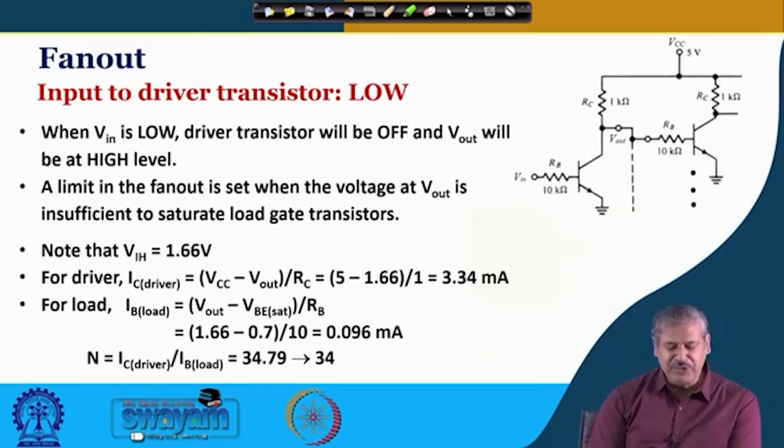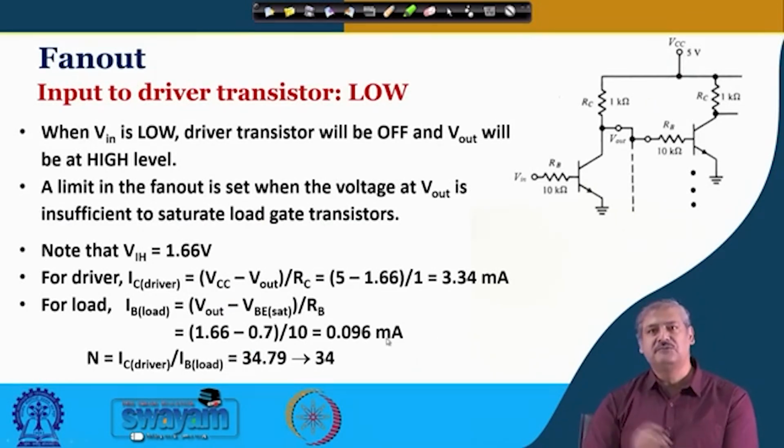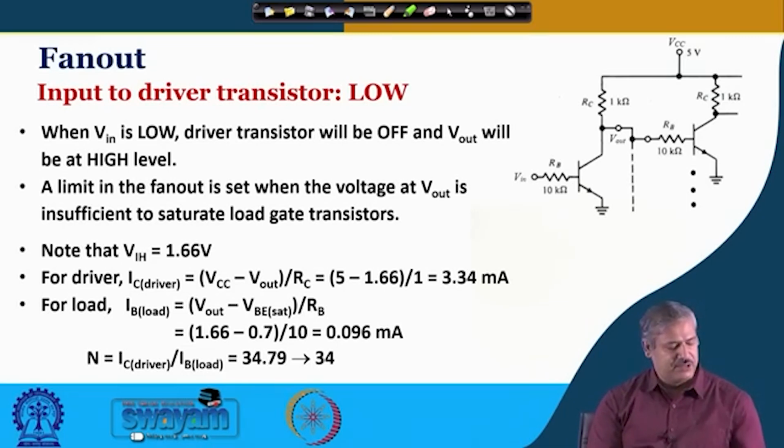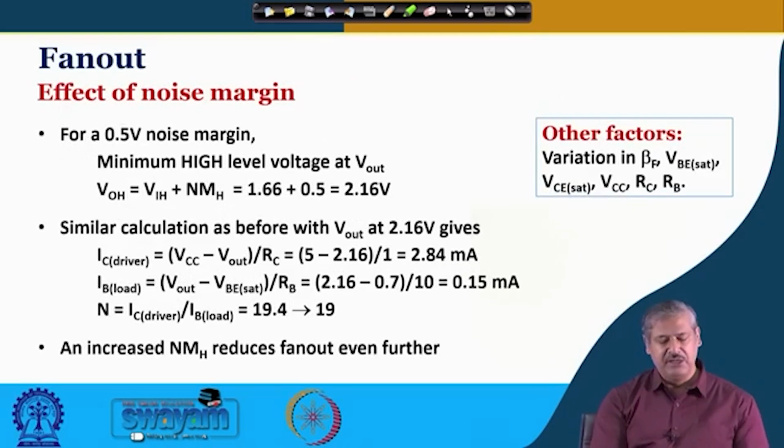If you want to keep a noise margin of a desired value, depending on the environment in which it is operating, then you have to consider that factor in your calculation. So, this 1.66 volt will no longer be 1.66 volt, it has to be plus the noise margin, so 0.5 volt, that makes it 2.16 volt. Then the maximum driver side current it can deliver is VCC minus V out, now considering VIH as well as the noise margin.